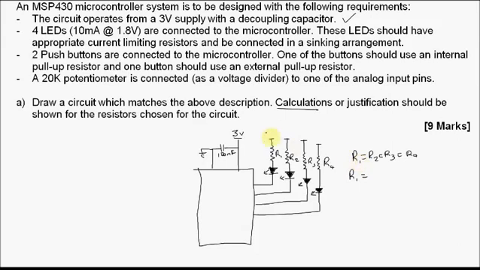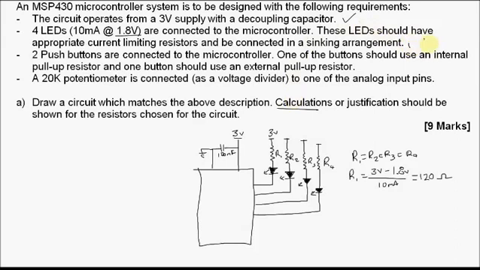R1 is equal to, we're working off 3 volts up here, so 3 volts minus the forward voltage across the LEDs of 1.8 volts, divided by 10 milliamps. So when we do that calculation, it should give us 120 ohms for each of those resistors.